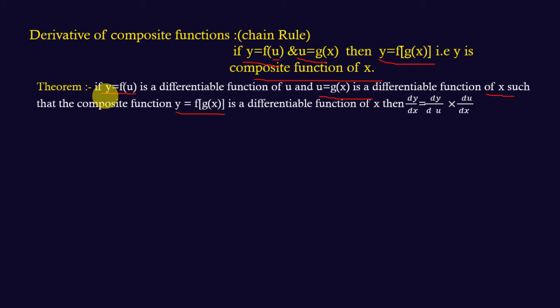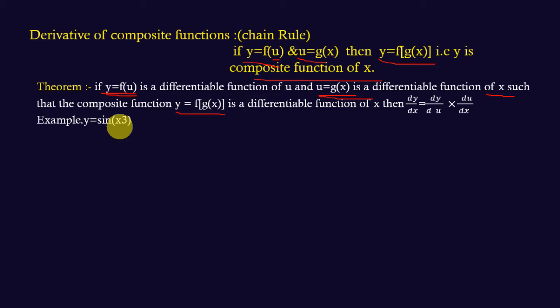For the left hand side we have dy by dx, and for the right hand side we differentiate y first with respect to u, then dy by du into du by dx, where u is a function of x, so we differentiate u with respect to x. For example, y is equal to sin x cube is also a composite function of x.